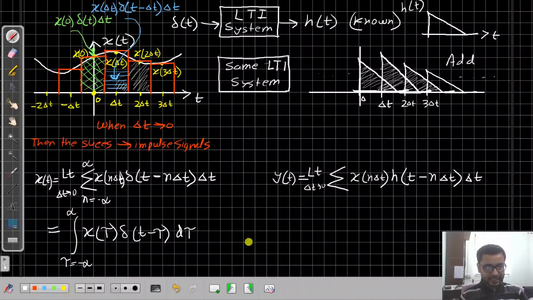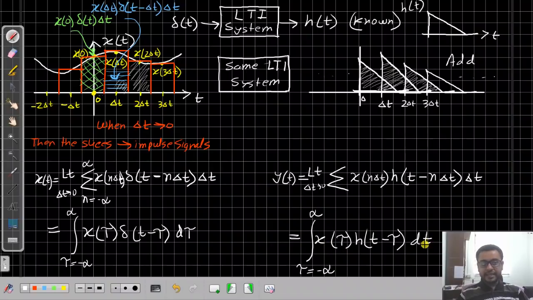This is x of t, and the corresponding output is the integration of x of tau, here I shall write h of t minus tau in place of n delta t, then d tau and integrate over tau equal to minus infinity to plus infinity.